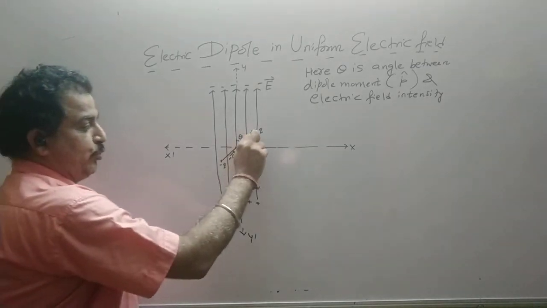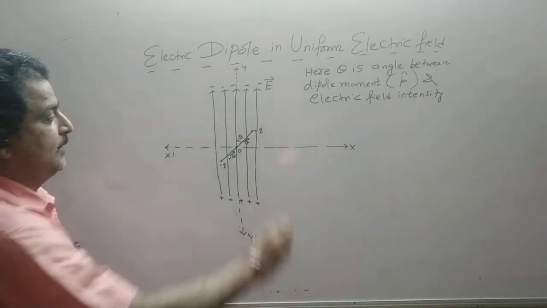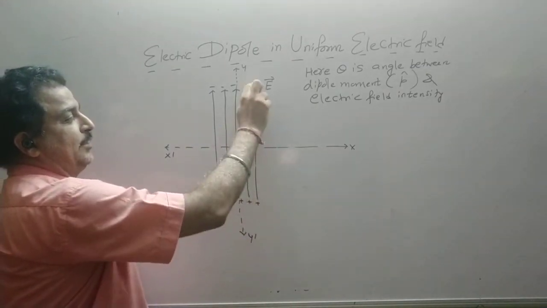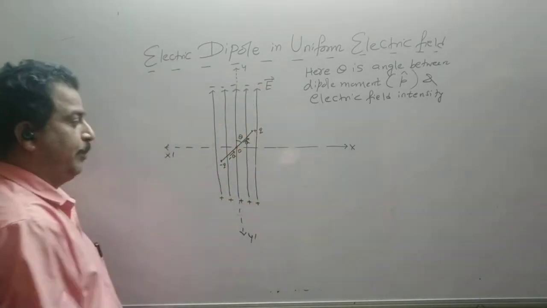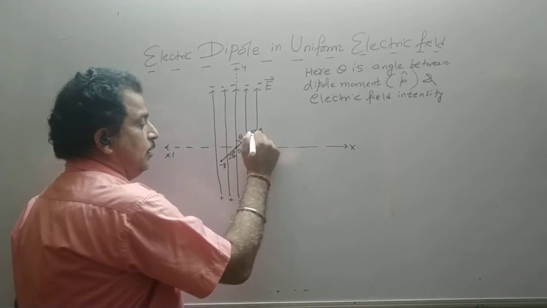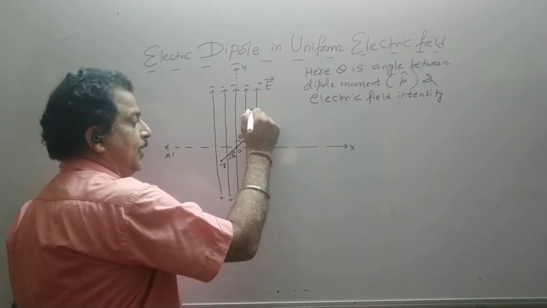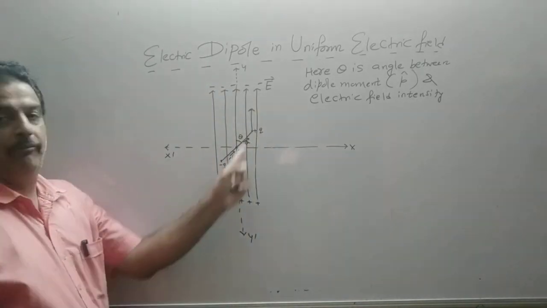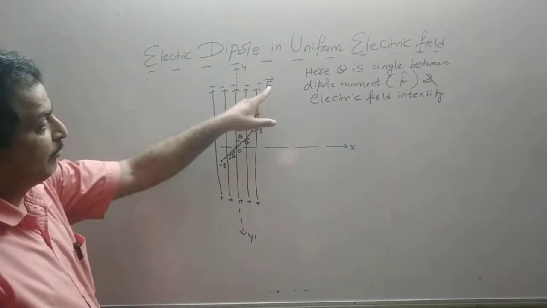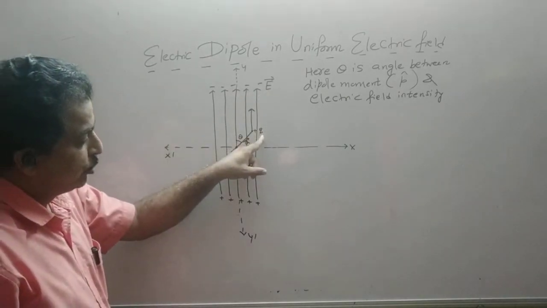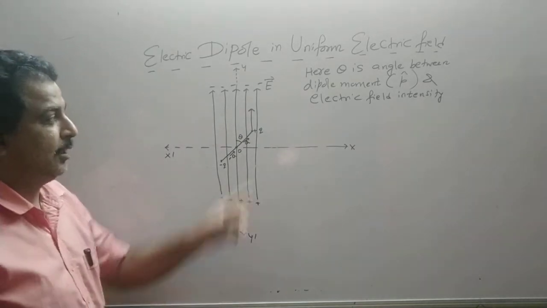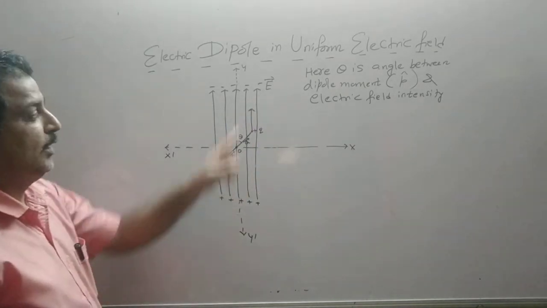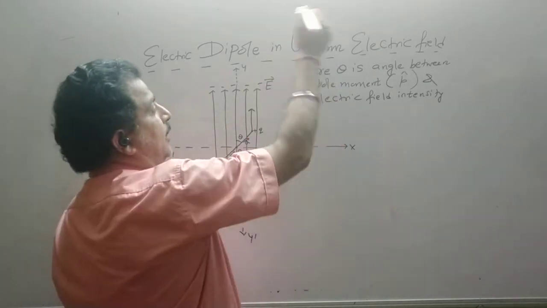Now this positive charge is attracted towards this negative charge, or you can say this positive charge is repelled. In any case, the force acting on this will be in the upward direction. Now electric field is given, charge is given, so force should be written in terms of this. So we know E is equal to, what is the formula?